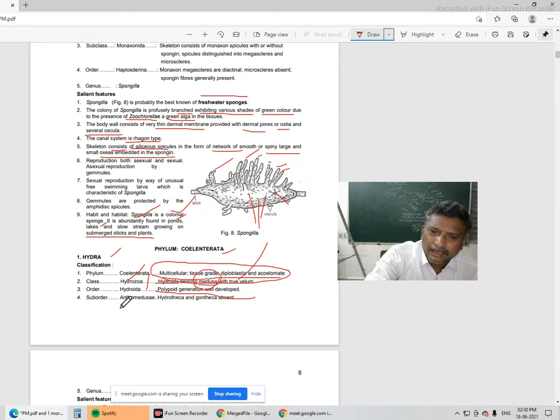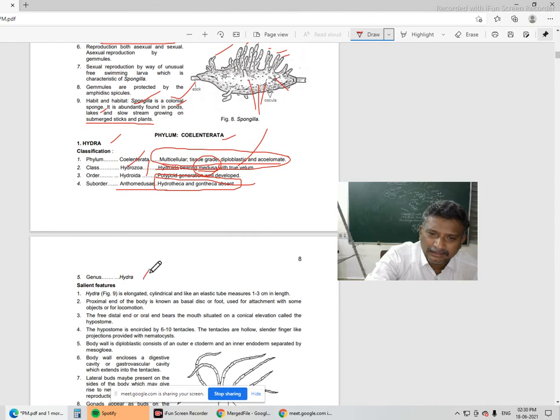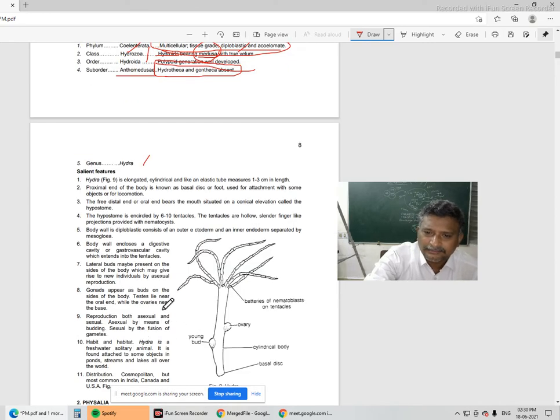Anthomedusae: hydrotheca and gonotheca are both absent. When we see them, hydrotheca and gonotheca are never there. Hence it belongs to Anthomedusae, that is a suborder. Genus is Hydra.